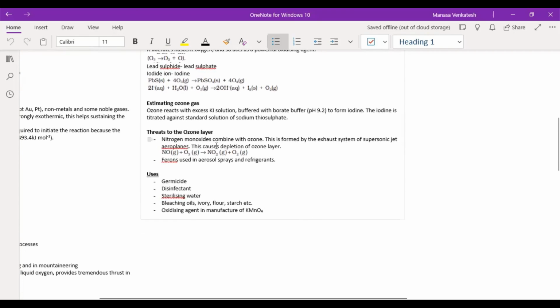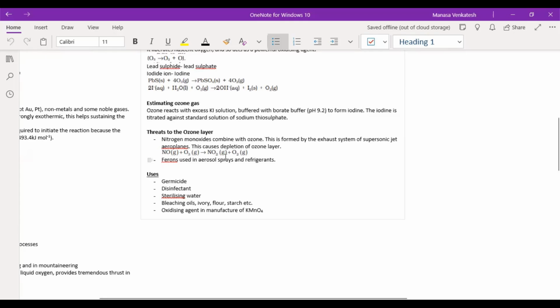Now, as we know, there were a lot of issues previously when chlorofluorocarbons were used as a refrigerant, which led to a major issue of a hole in the ozone layer. There are various other threats to the ozone layer itself. Nitrogen monoxide can combine with ozone, and this leads to the formation of nitrogen dioxide and oxygen.